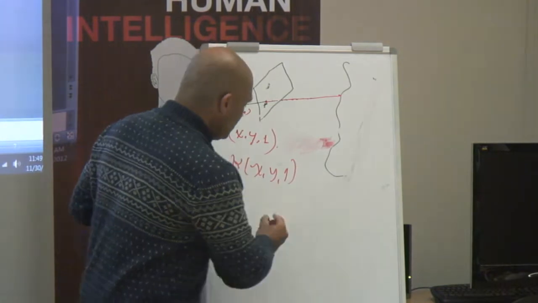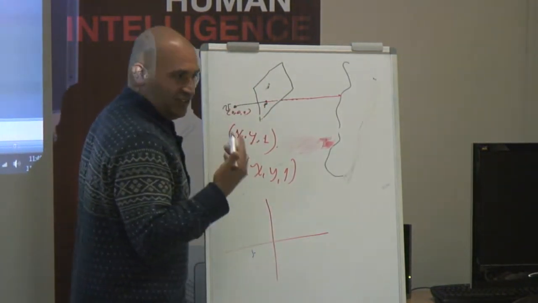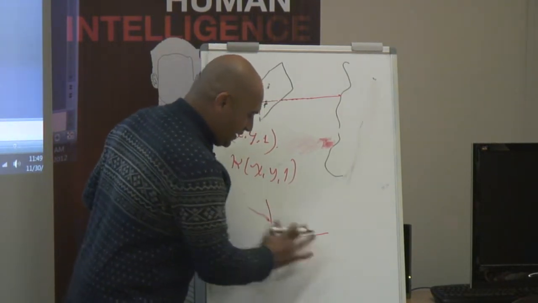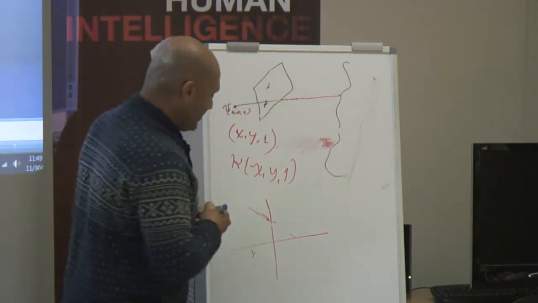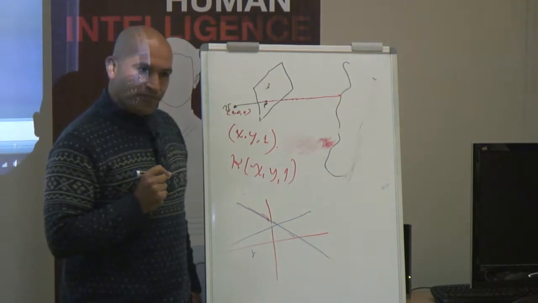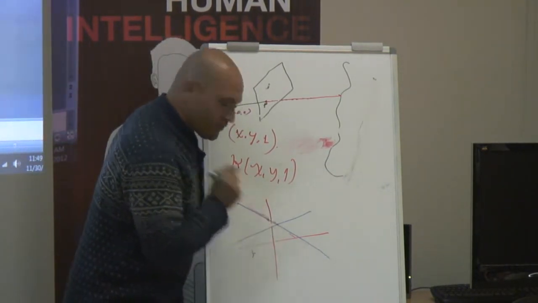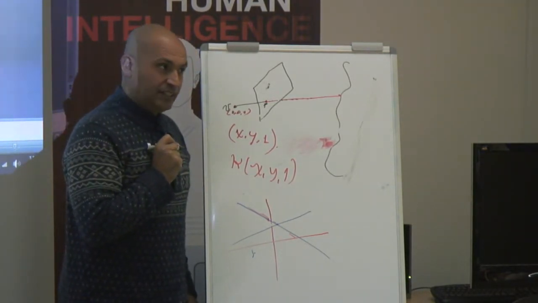If I have two lines in general 2D space, one line and another, they intersect in one point. If they are parallel, they will not intersect in one point.